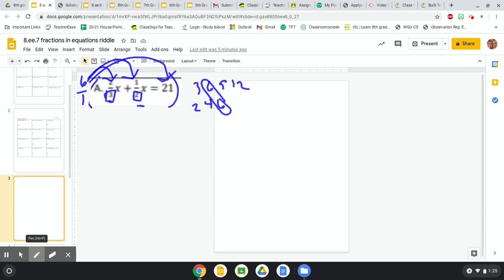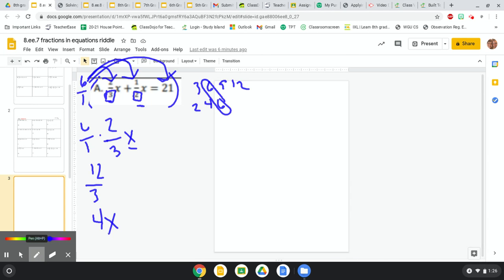So if I take 6 over 1 times 2/3 x, well 6 times 2 gives me 12. 12 over 3, well that's just 4, and don't forget that x. So that's 4x.